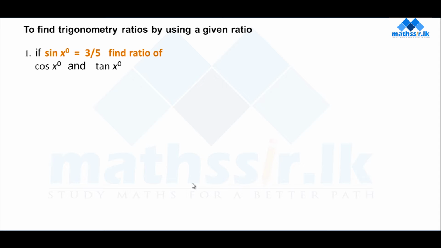Firstly, you draw a right angle triangle. This angle represents x. You can mark it here or up. When you take angle x, considering the given x angle, you already know the names of these sides: opposite side.